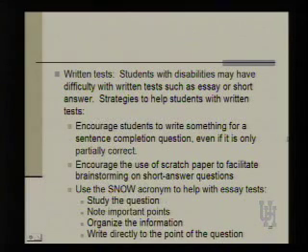Written tests are the other major category of teacher-made tests that we have. With a written test, students with disabilities and low achievers often have difficulty because they're very poor at reading and writing. Usually, written tests fall into two categories: those that are really essay exams that require a well-developed, fully articulated answer, and then the written tests that involve short answers.